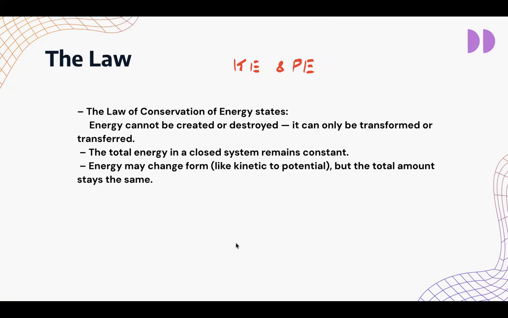Like a roller coaster up here has both kinetic energy and potential energy. So kinetic energy plus potential energy equals the total energy. I'm just gonna say TE, total energy, right?